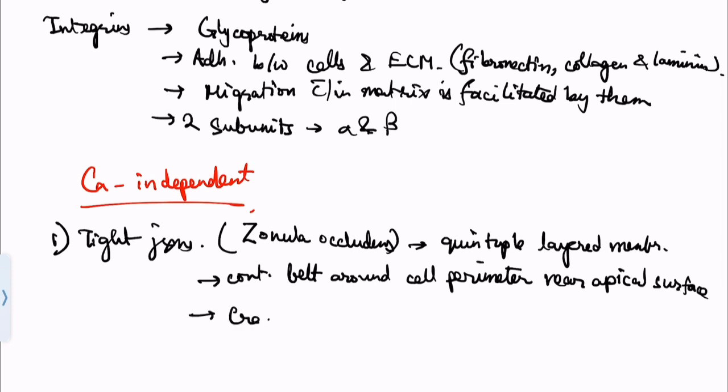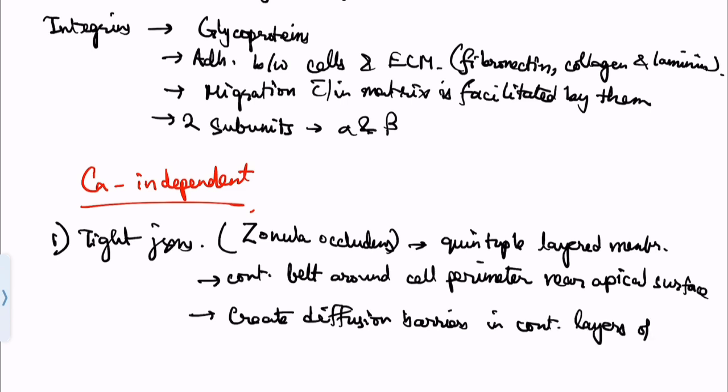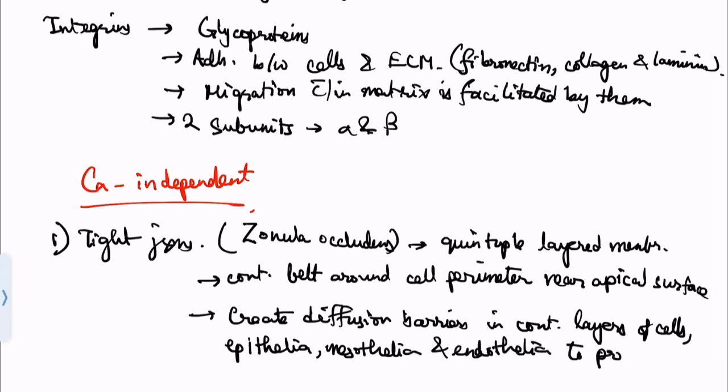They mainly create diffusion barriers in continuous layers of cells like epithelia, mesothelia, and endothelia to prevent leakage of materials across cellular layer.